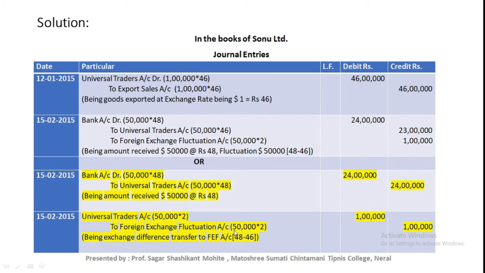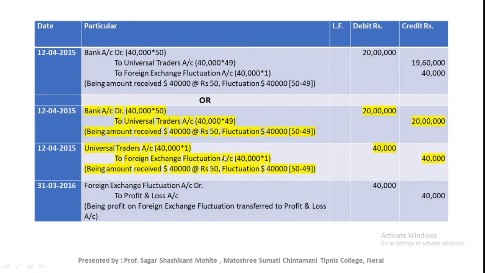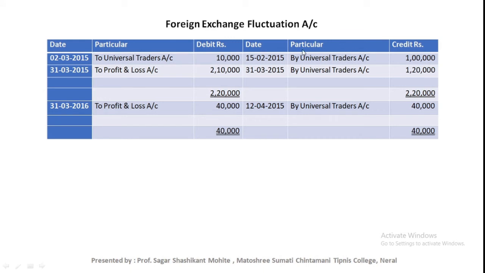Foreign exchange fluctuation account is credited and universal trader account is debited. That's why we need to credit the foreign exchange fluctuation account by universal trader account rupees 1 lakh, and not by bank account. That's why I'm showing both the combined journal entry and the separate journal entry. While posting to the foreign exchange fluctuation account, you shouldn't make the mistake of crediting it by bank account.